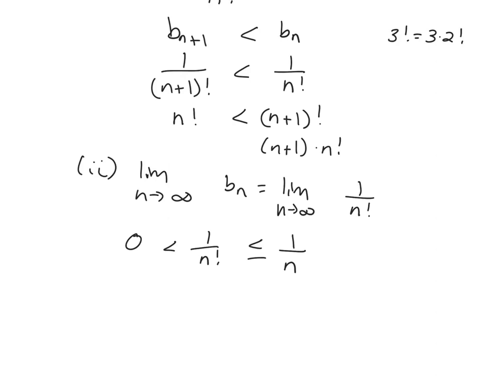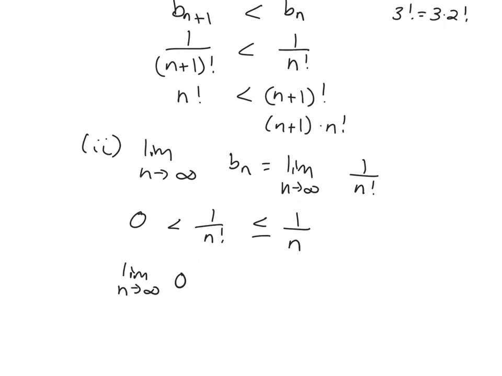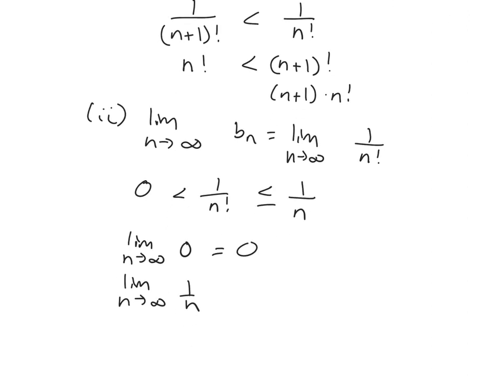So we're using the squeeze theorem. I'm going to take the limit of 0. What do I get when I take the limit of 0? 0. The limit of the other piece, 1 over n, 0. They're the same. All I care about is that they're the same. It has to be 0.